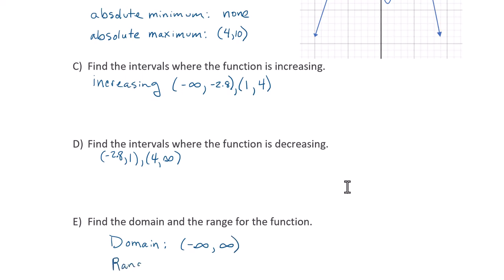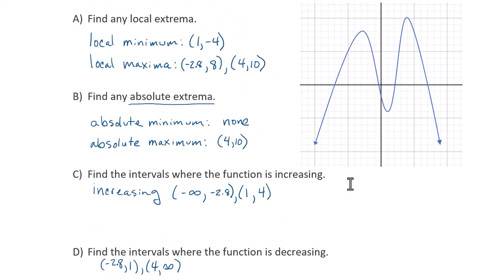The range, just like in domain, we read from left to right, from negative x's to positive x's. We're going to start down here and read up. So we're reading from negative y's to positive y's. So my lowest y I see, well, again, it continues.